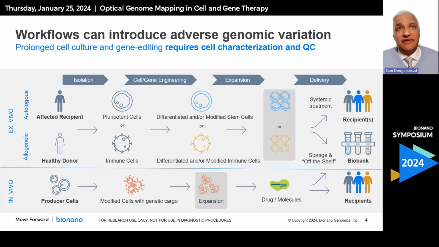In vivo gene therapies are intended to deliver a genetic cargo, drug, or molecule to recipients, which will alter the recipient's genomes within their body. In all workflows, a critical step of cell characterization is needed to monitor structural changes and avoid adverse outcomes.